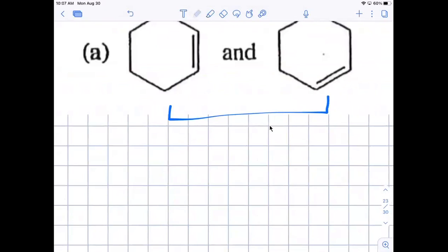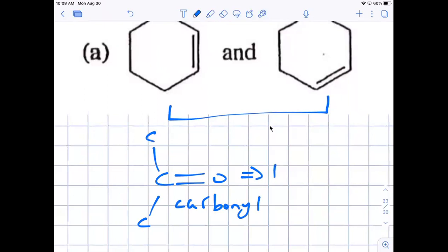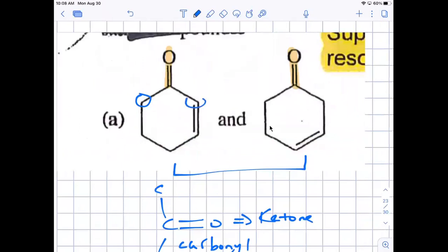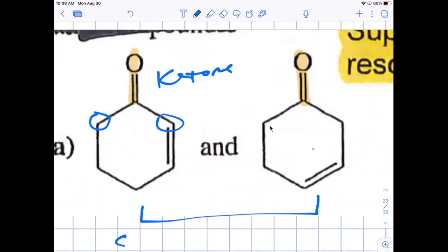So when I have a C double bond O, that's generic until I attach something to it. So if I have a carbon on either side, then that carbonyl becomes a ketone. Very good though. And so you can see here, I got a carbon on this side and a carbon on that side. So this is a ketone.